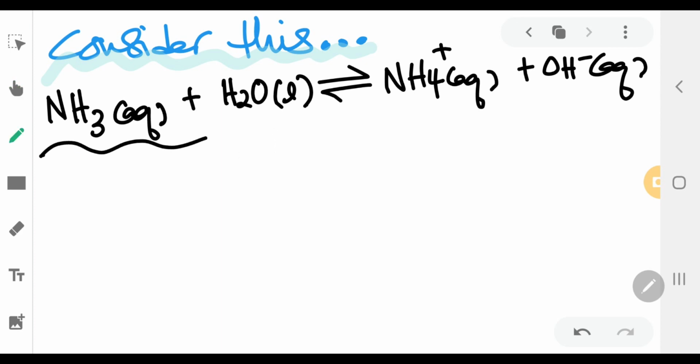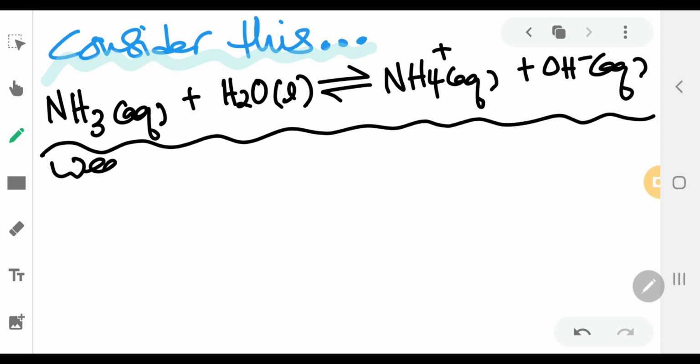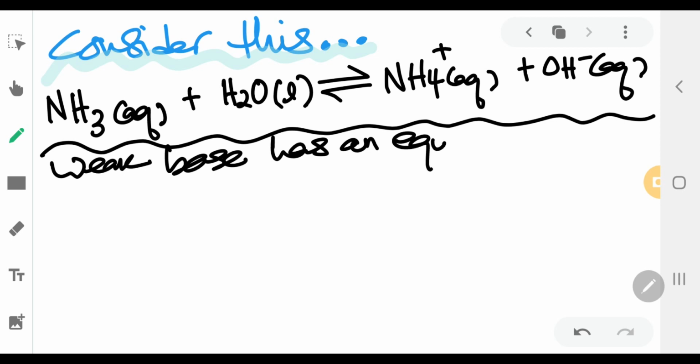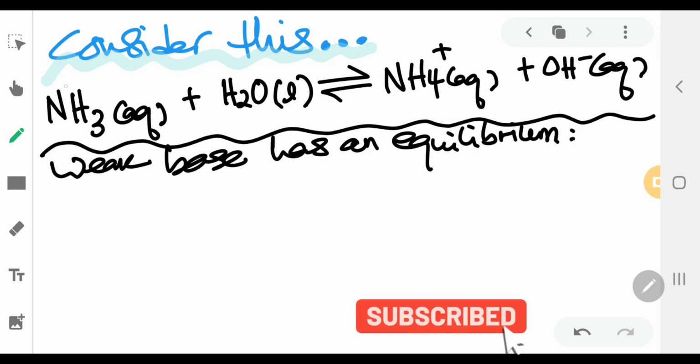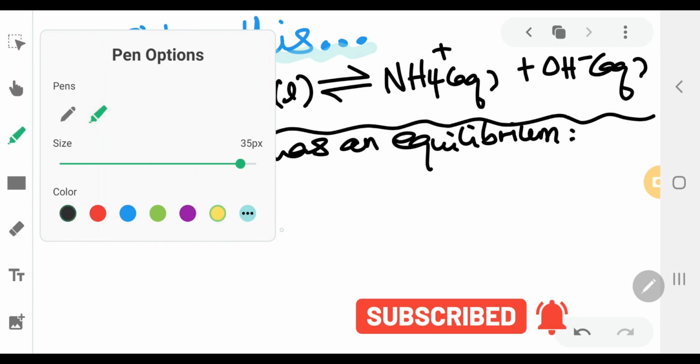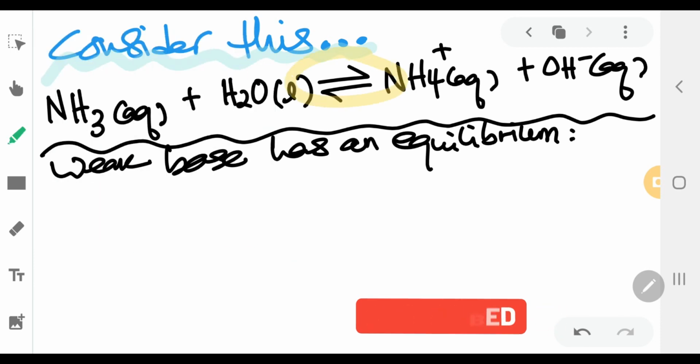Now, since a weak base has an equilibrium right there, as you can see, that is the equilibrium indication that it is at equilibrium.